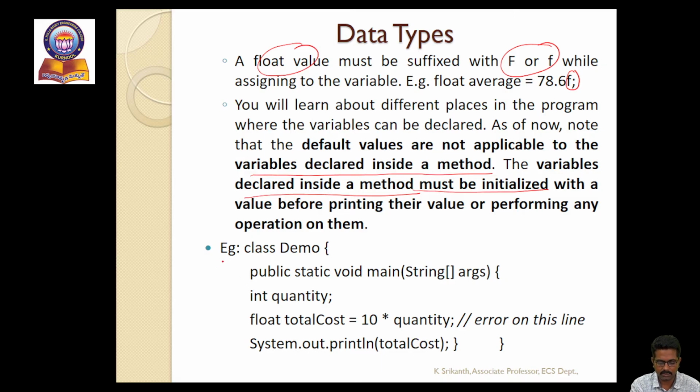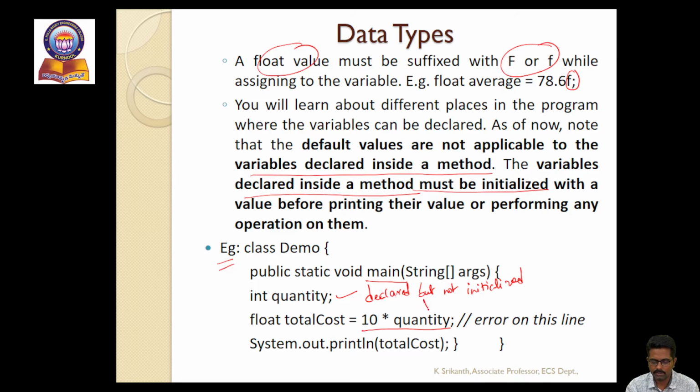Here you can see an example with a method called main, which has a variable called quantity. It is declared but not initialized, which means the quantity variable doesn't have any initial value, and you are performing an operation 10 into quantity.